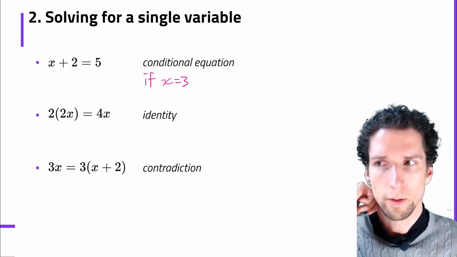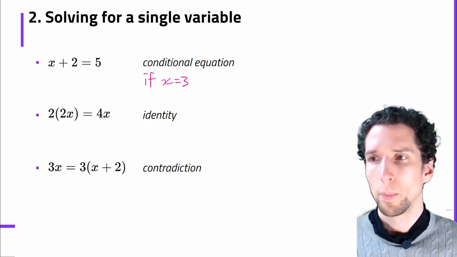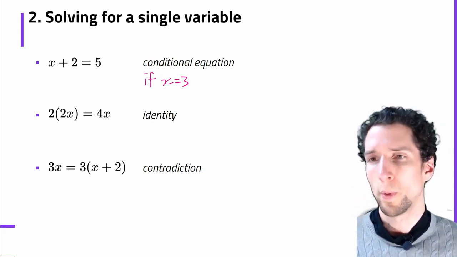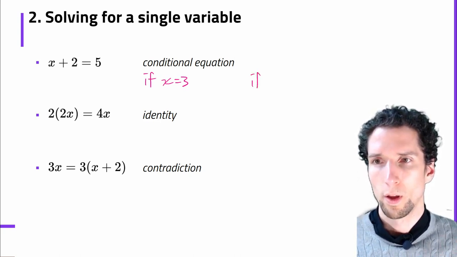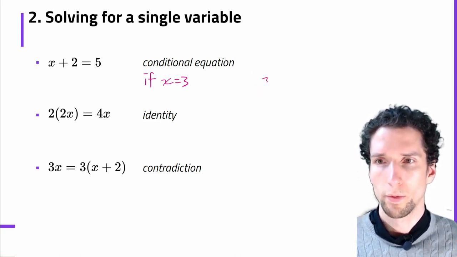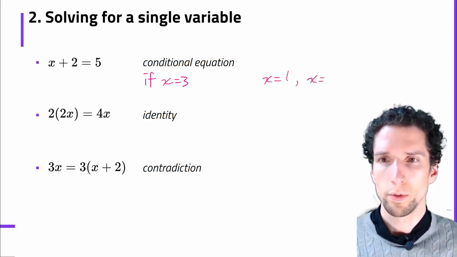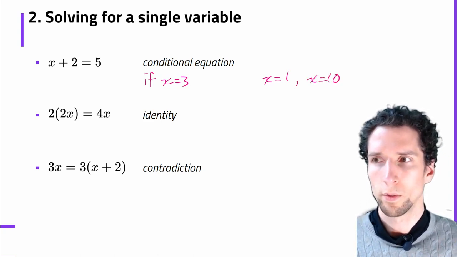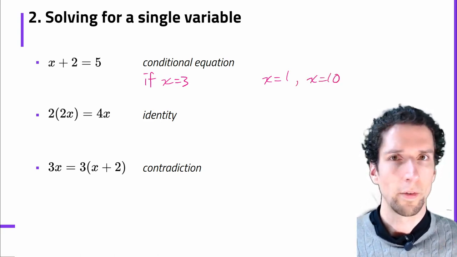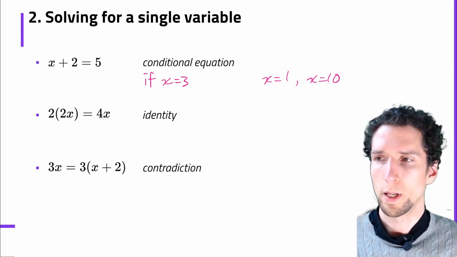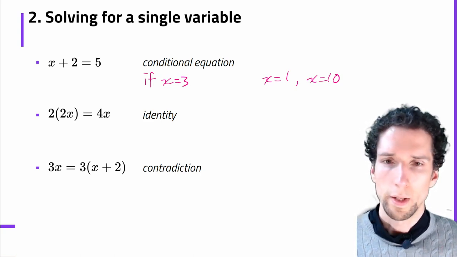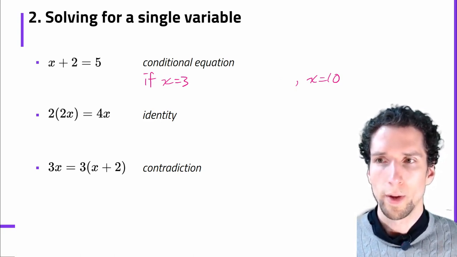So then we would get 5 is equal to 5. But it's only true in that situation. So if we have x is equal to 1, then that's 3 equals 5. That doesn't work. If x is equal to 10, that's 12 equals 5. That doesn't make sense. So it's only true for one particular value of x.